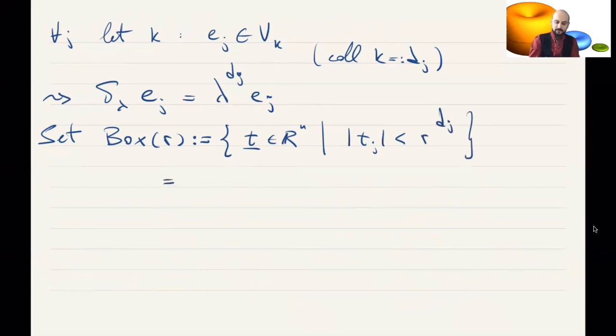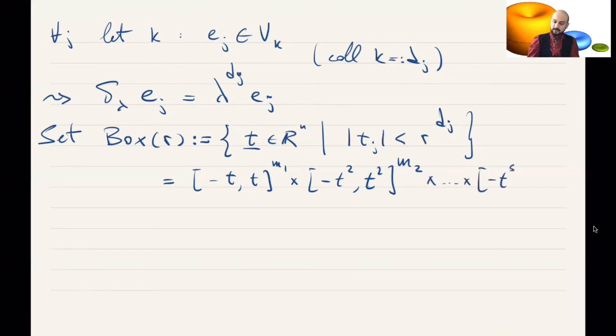You have the interval minus r, r, for as many times as the dimension of V1, so it's m1, times the interval minus r squared, r squared, as many times as the dimension of V2, which is m2, and so on, up to minus r^s, r^s, to the power ms, okay?